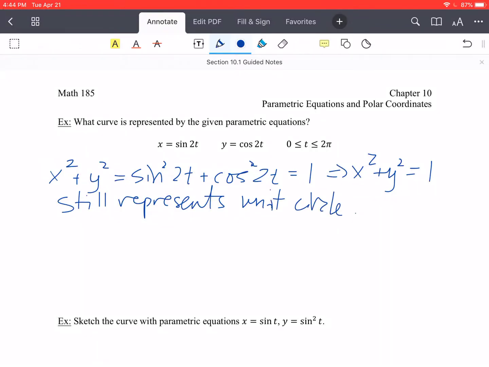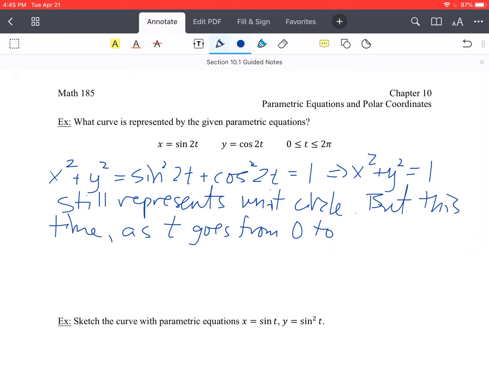Okay, so we still have the unit circle here, but this time it's going to be a little different. As t goes from 0 to 2 pi, there are going to be some different things happening, because this isn't exactly the same set of parametric equations.